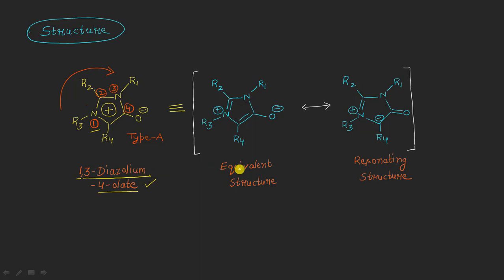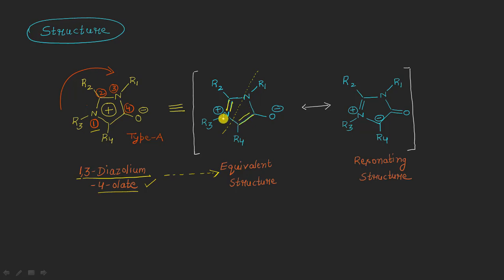And you all know that we can always convert this into an equivalent type of structure. In order to do that, we just have to draw an axis of symmetry here, such that we draw two double bonds, one on this side and a second on this side, right?